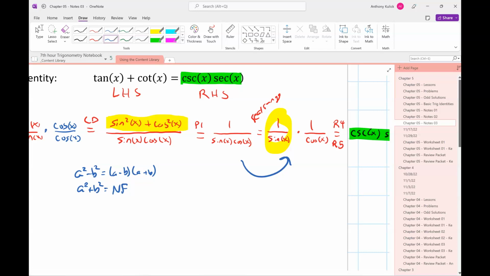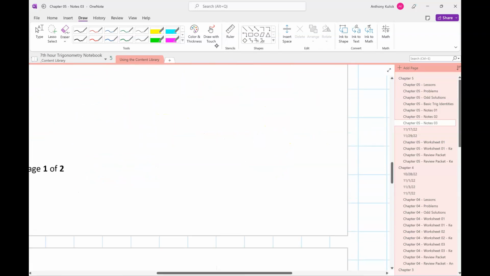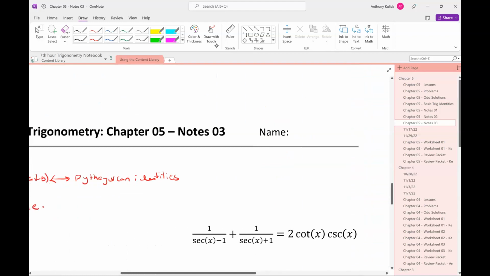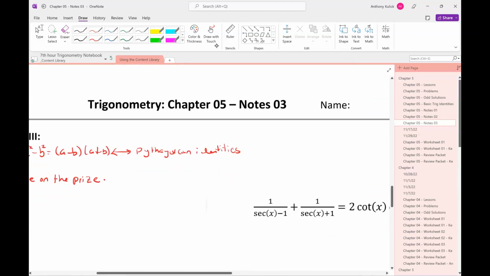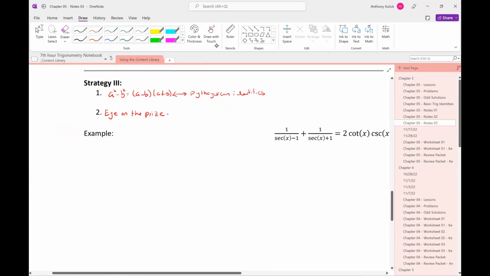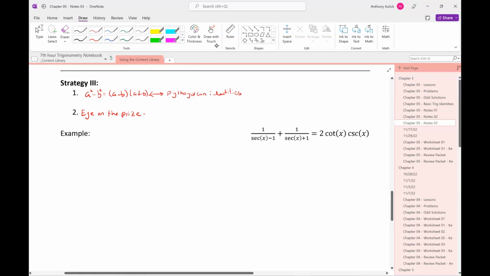How did I make that observation? Well, I went back and looked at where I was trying to get to and saw that, oh, it's supposed to be two things multiplied together. How can I write this one fraction as two things being multiplied together? So we're just going to kind of use that. All right.